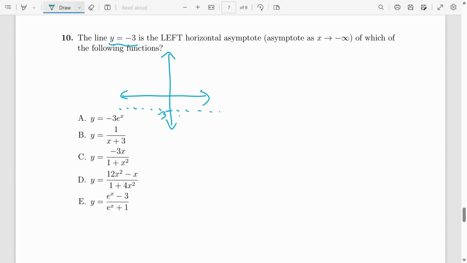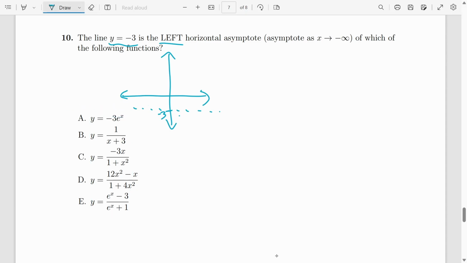And then for some function, when you draw it out, on the left it'll approach it, going like that. It'll go off to infinity, but it'll sort of rest on this asymptote. So which one of these functions works?